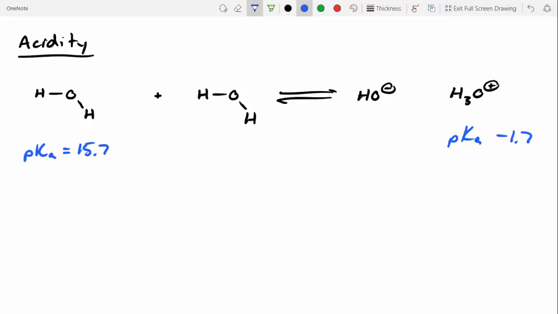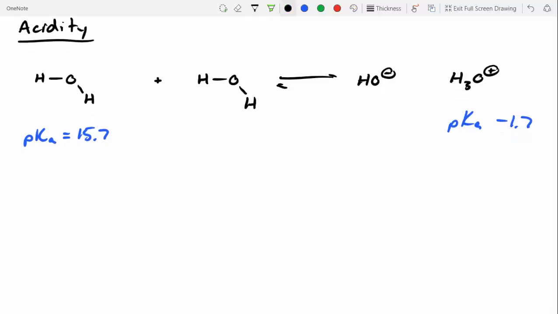Which way is this equilibrium going to lie? Yeah, towards the water side. So if we want to really draw this using equilibrium arrows, we could have it like that. You guys talked about this a lot in Gen Chem. And what was the equilibrium constant for this? It was 10 to the negative 14, right? So the equilibrium really favors the water side.